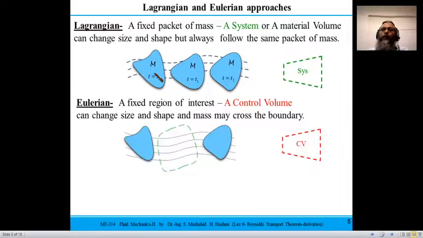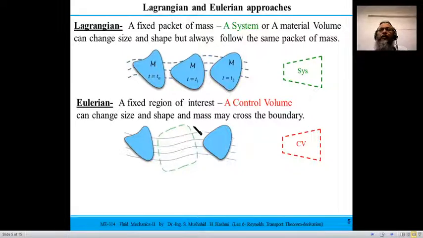In contrast to the Lagrangian approach, we can have a fixed region of interest, which we call a control volume, where some mass can come in and some mass can leave. So every time a different entity of mass is present in that region.